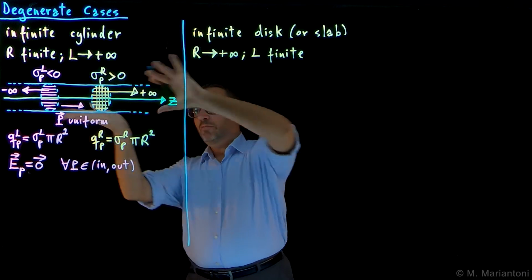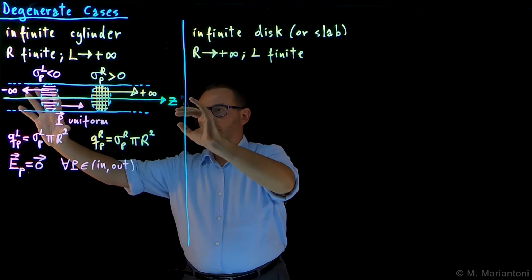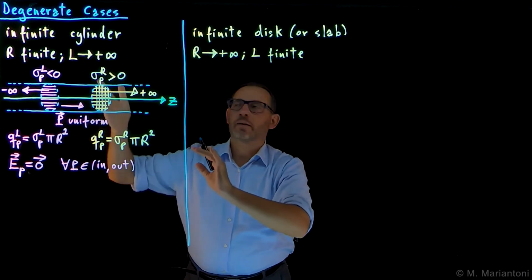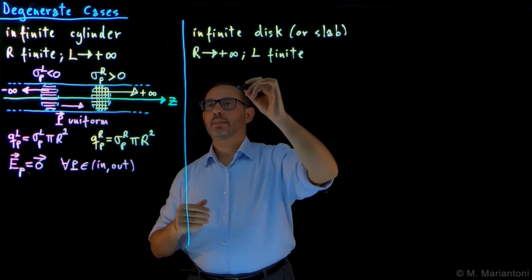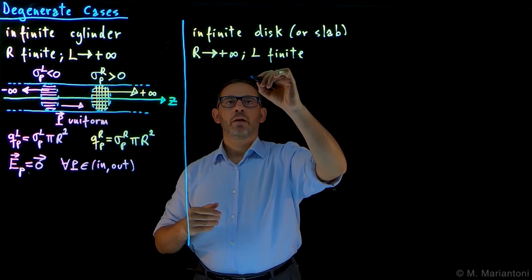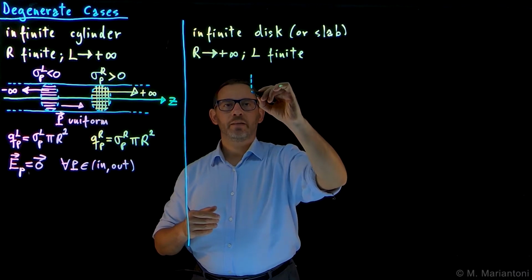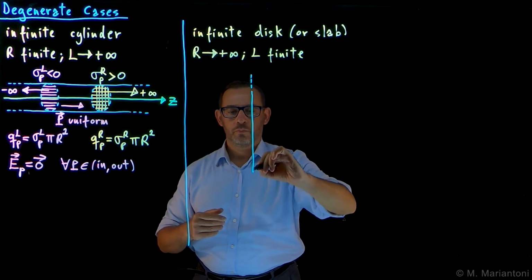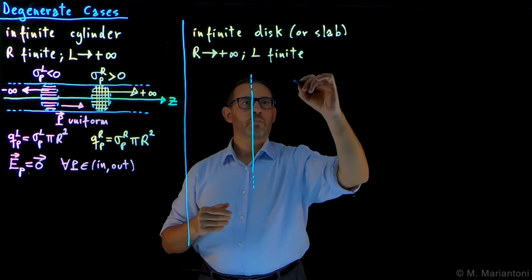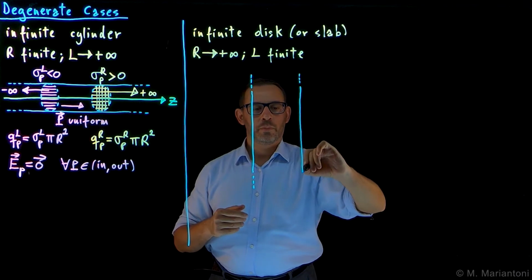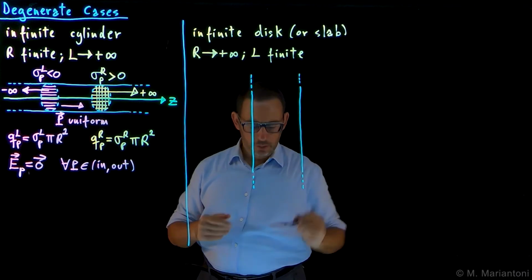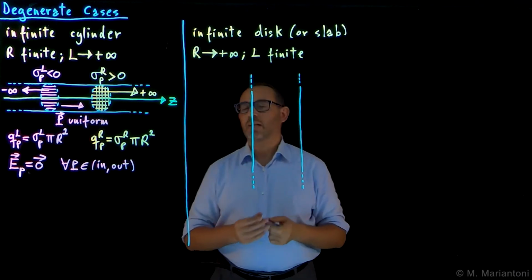So now, instead of being infinite along the longitudinal axis Z, it is infinite along R, if you want to use the same cylindrical coordinate system as we've done before. And so in this case, the dashed lines are vertical. This is the prototypical example of the dielectric material, one of the simplest ones.